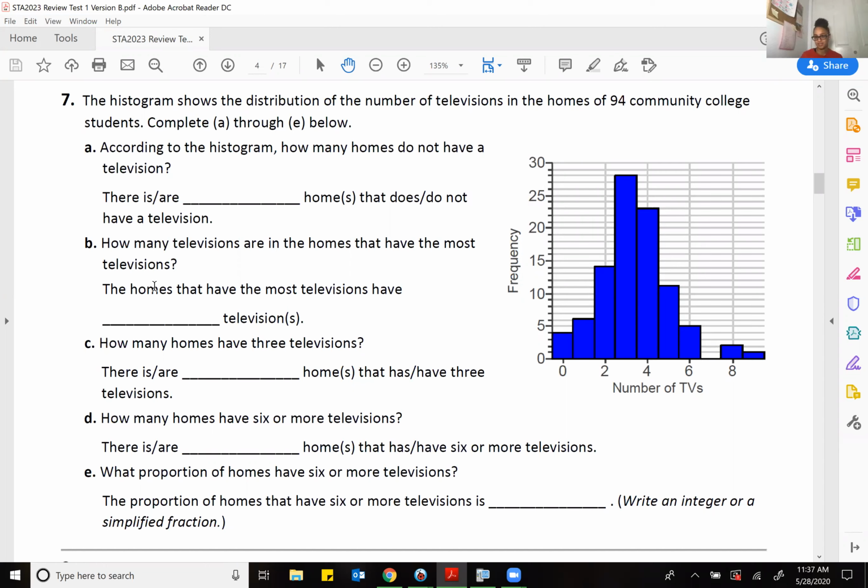I want to know how many televisions are in the home with the most. That's what they're trying to get at. Giving you a hint right now.